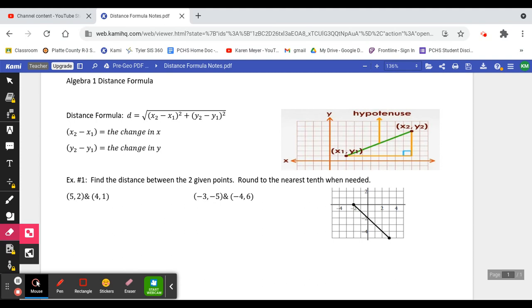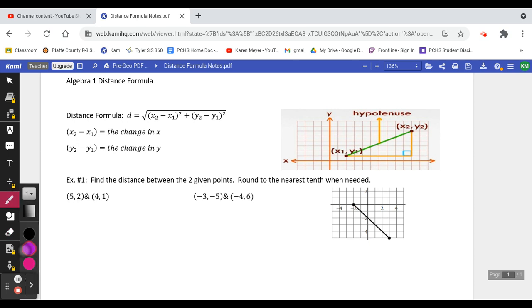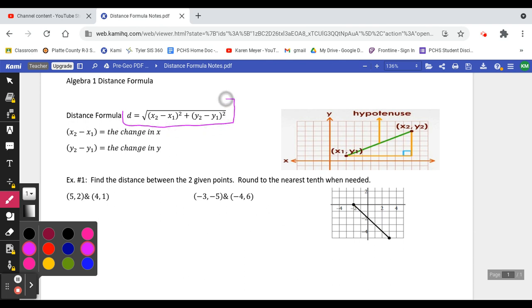Okay, today we're going to talk about the distance formula. So, the distance formula is given to you here. I'm going to outline it in a purple box here. So, little d just stands for distance. Distance equals the square root.